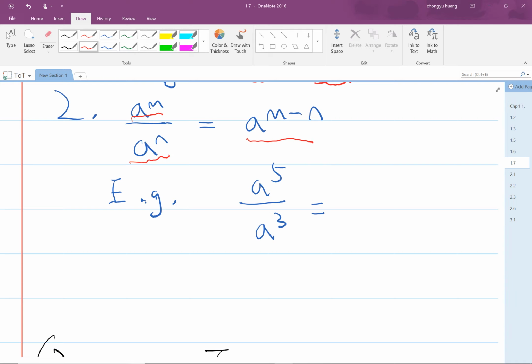Let me show you one example: a to the power 5 over a to the power 3. As the property shows us, it's going to be a to the power 5 minus 3, so it's equal to a to the power 2.